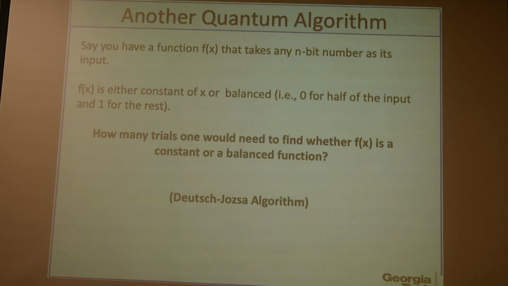Right? Say if n equals 3, you have 8 numbers. And f can be either of two types. It can be either a balanced function or it can be a constant function.